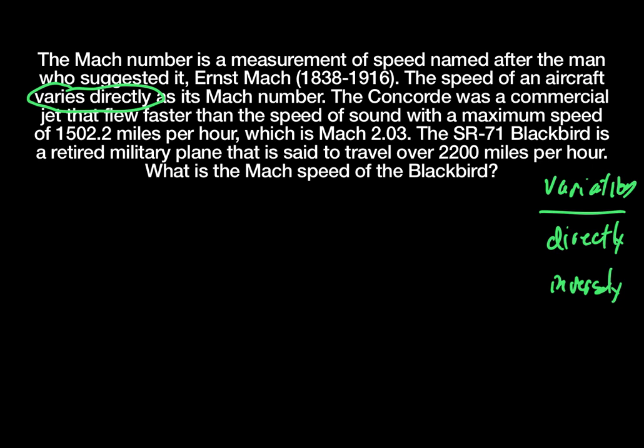If it's a direct variation, which this one is because it says it varies directly, that means we had this generalized equation that was y equals some number k times x. So I look up at what am I given? I'm given the Concorde's information. I'm given the miles per hour.